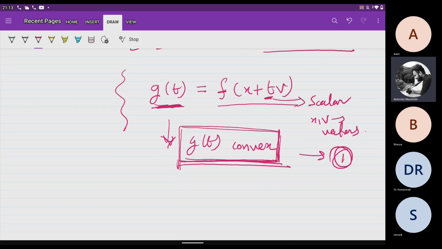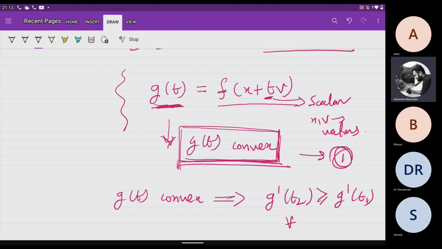Now we say that g of t is convex. It means from the earlier proof that g dash of t2 will be greater than or equal to g dash of t1 for all t2 greater than or equal to t1.